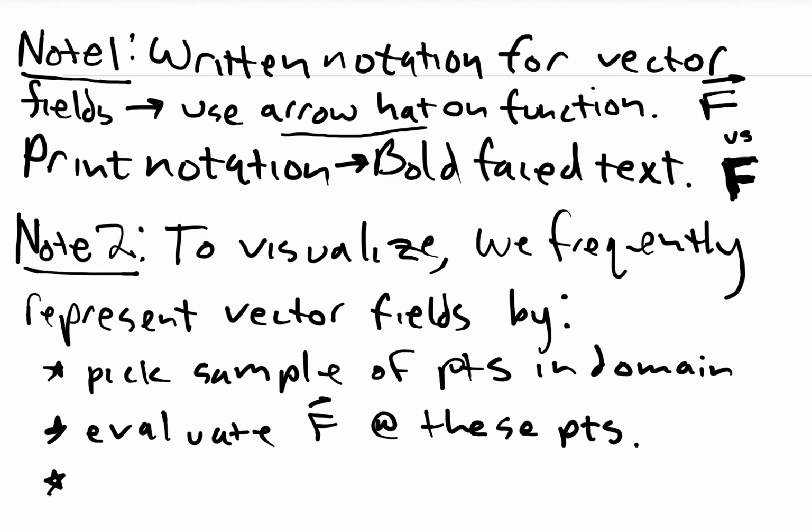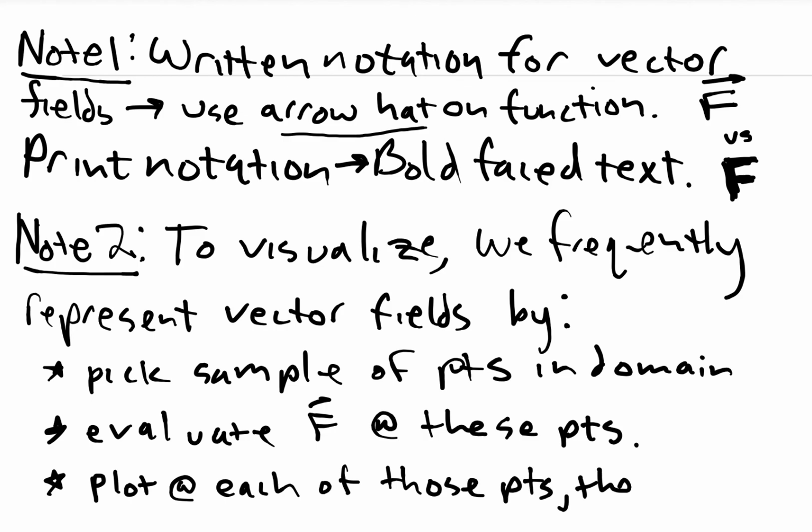And once you know what vectors correspond to those points, the way that we do the graph is you are going to plot, at each of those points, the corresponding vector, the associated vector. So in other words, if I have some sort of point, I'll draw a point here.